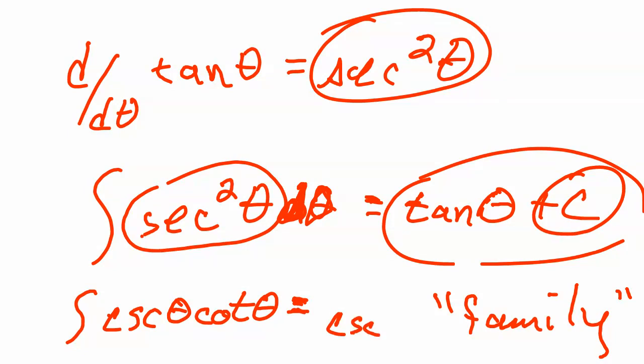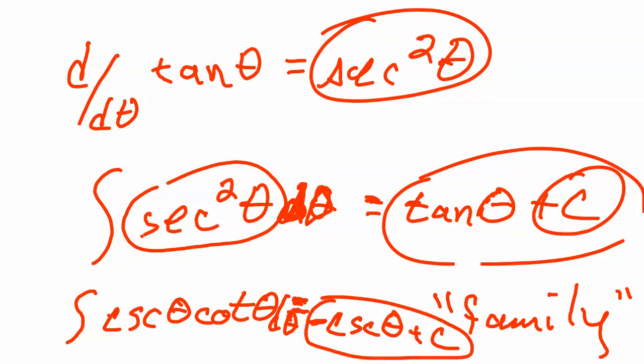So cosecant gets us close, but since this doesn't have a minus on this side, I got to put it on this side, because the derivative of cosecant is minus cosecant cotangent, and then the opposite of that would be a plus cosecant cotangent. Whoops, forgot my d theta. Anyway, and I got to have my plus c on the right. So we have all those trig antiderivatives as well for the derivatives that we know.